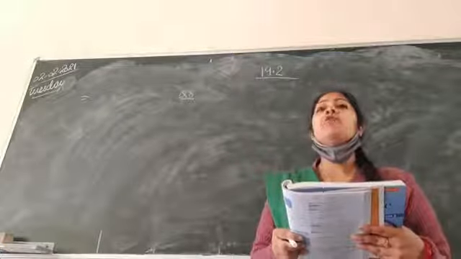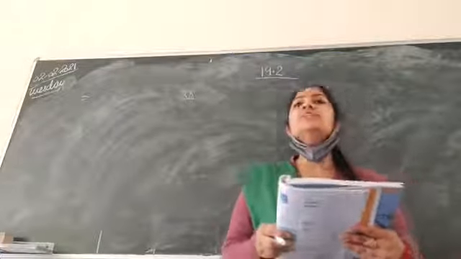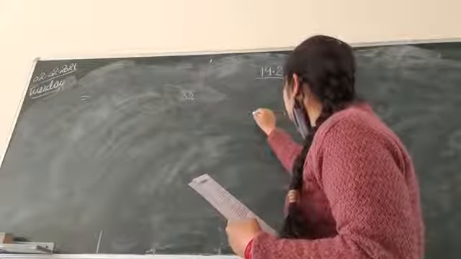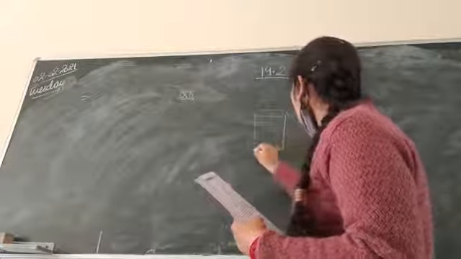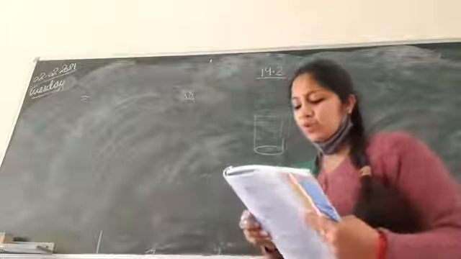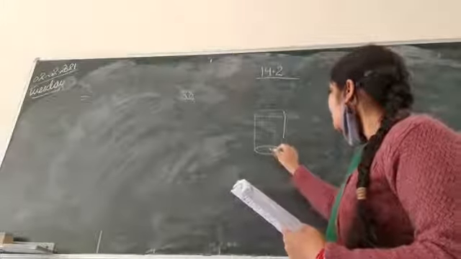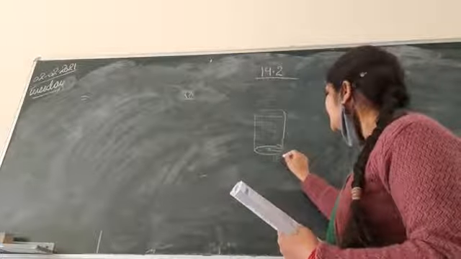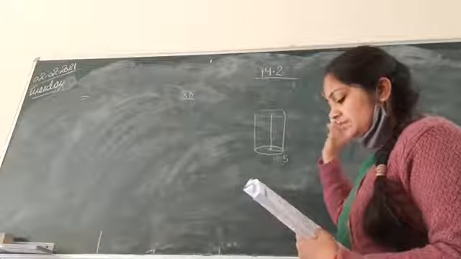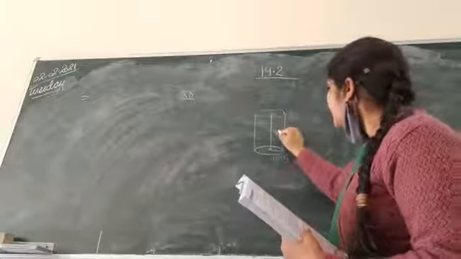and height 14 centimeter. It means you have a cylindrical vessel, a cylinder like this, whose radius of the base is given to you as 10.5 centimeter, right? And height is given how much? 14 centimeter.